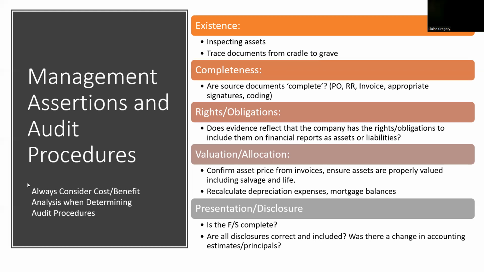And finally, you want to look under presentation and disclosure. Is the financial statement complete? Is it missing anything? Do we have accounts not listed in those financial reports that should be? Sometimes they will just print a report from their system.